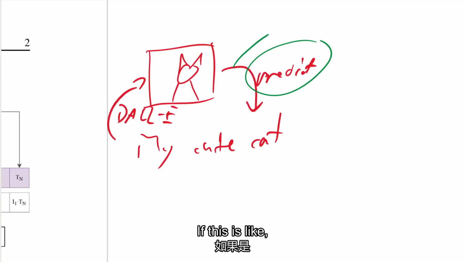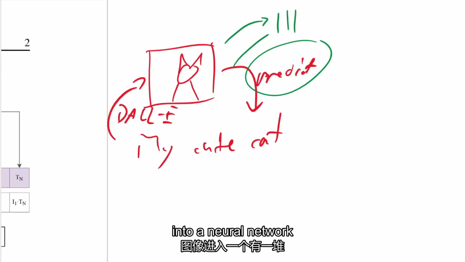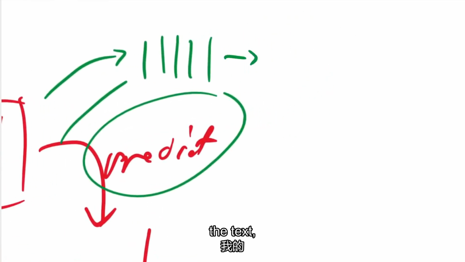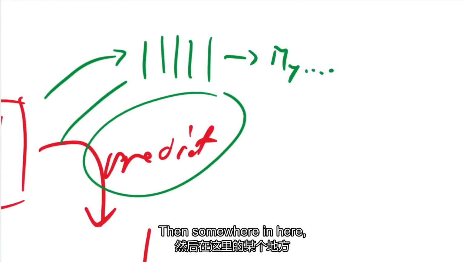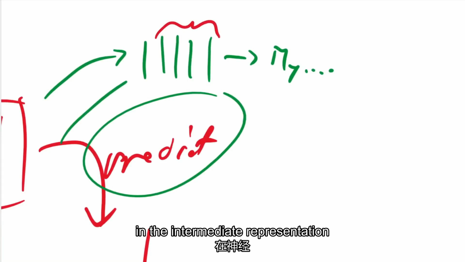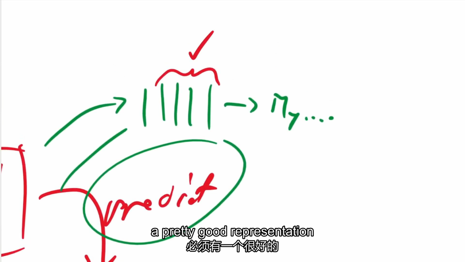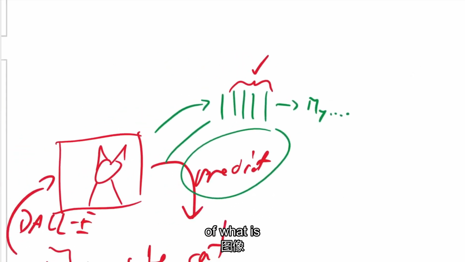So if the image goes into a neural network with a bunch of layers, and then out comes the text, my cat, and so on, then somewhere in the intermediate representation of the neural network, there must be a pretty good representation of what is in the image.